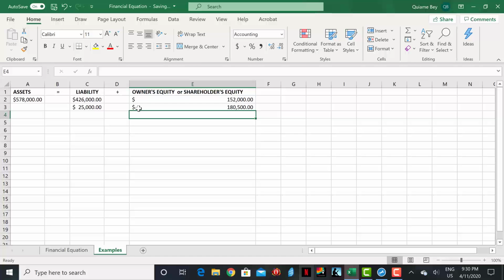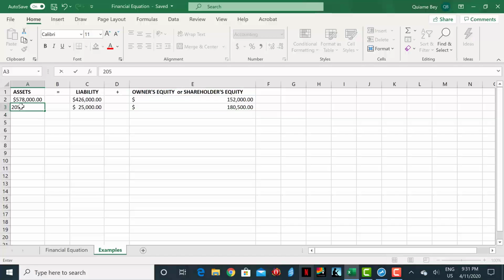Since assets equals liability plus stockholders' equity, in this case we will simply add the liability, which is $25,000, and stockholders' equity, which is $180,500. Total liability and stockholders' equity equals $205,000. So that means total assets must equal $205,000.